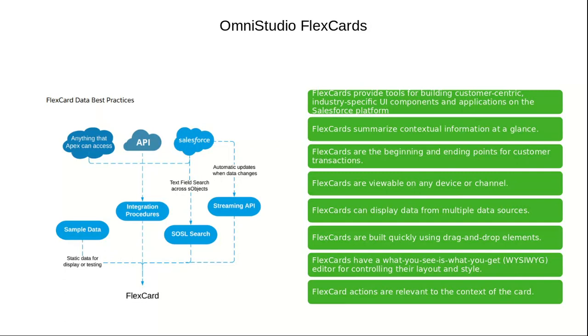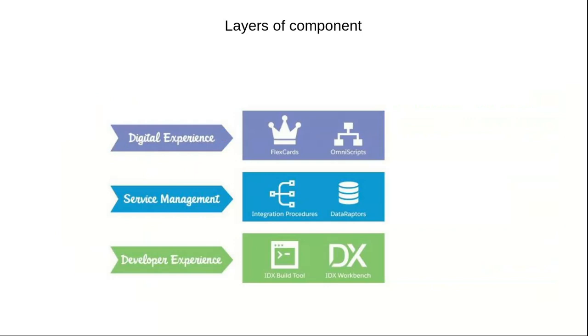Now, you can get the data from multiple sources, as I mentioned. If I go back, this is an integration procedure. In an integration procedure, I mentioned that you can retrieve data from Salesforce as well as from an API, and that integration procedure you can use in the flex card as the data source.